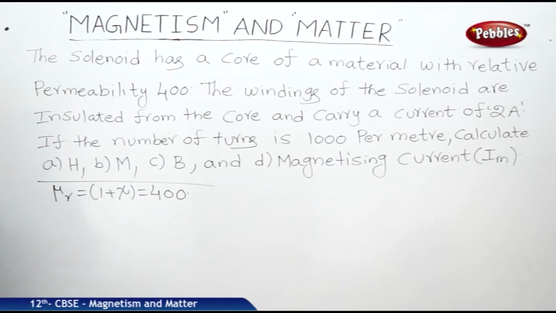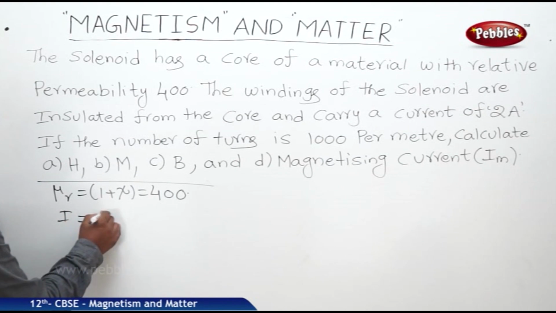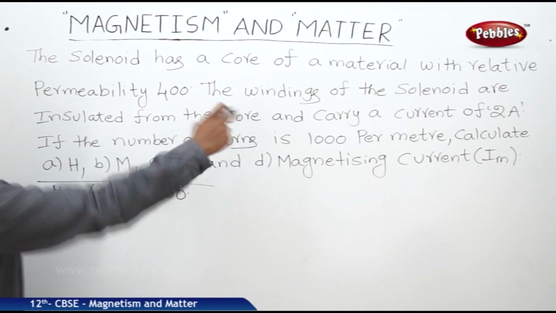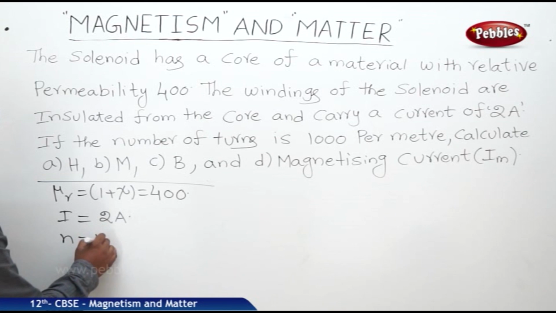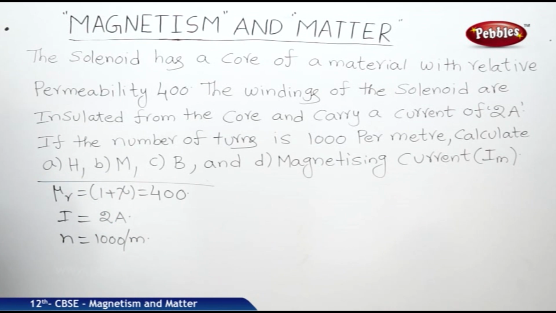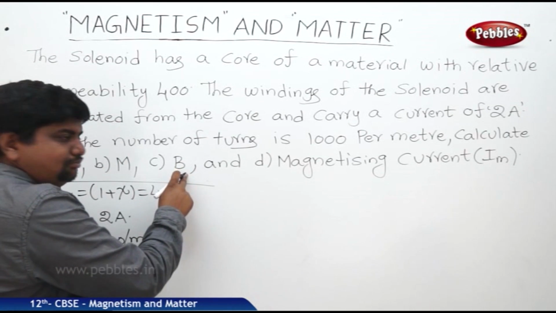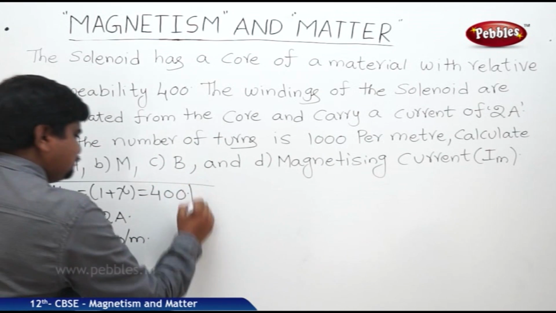The windings of the solenoid are insulated from the core and carry a current of 2 amperes, I is equal to 2 amperes. The number of turns is 1000 per meter, therefore n is equal to 1000 per meter. Calculate H, B, M, and the magnetizing current Im. We will find them one by one.